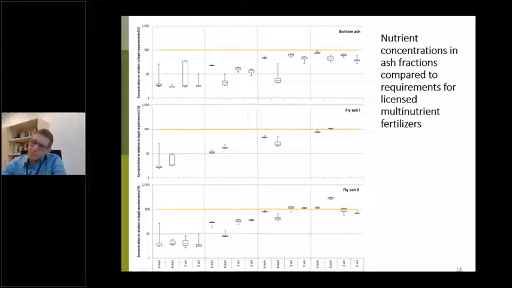Finally, a rather general information: the highest amounts of ash are found in the bottom ash, and the fly ashes are rather low if we compare the shares of the ash input to where the ash material leaves the different plants.